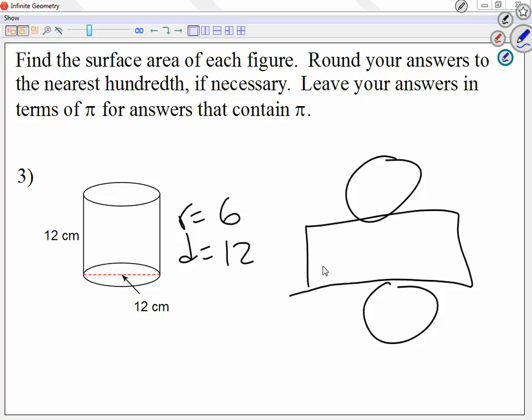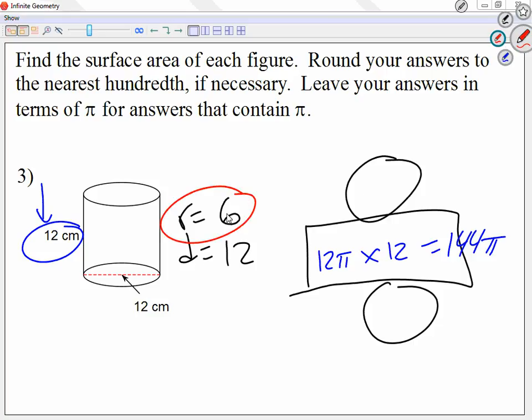Alright, so for the rectangle, I'm going to use diameter. Diameter is 12, so I'm going to go 12 pi times 12. The second 12 is this, the height. Diameter pi times the height, which in this case happens to be 144 pi. For the circles, I'm going to use radius.